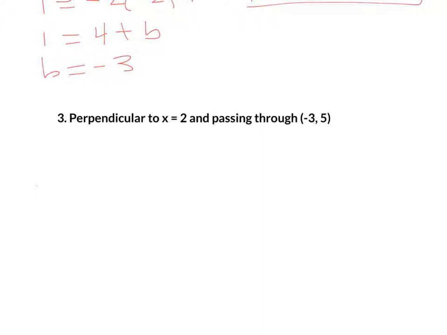Okay, let's find this equation of a line. We want perpendicular to x equals 2 and passing through this point, -3, 5. Okay, x equals 2 is what kind of line? Well, if it is in that form where x equals one value, then it is a vertical line.